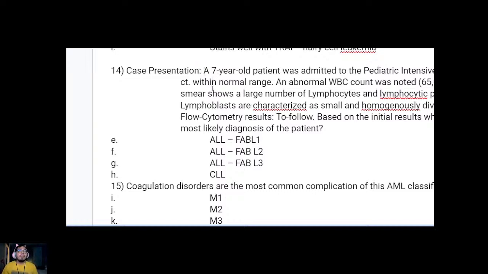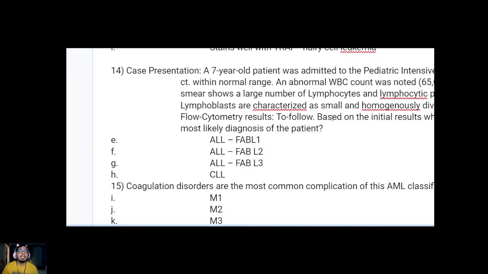A 7-year-old patient was admitted to the pediatric intensive care unit. Hemoglobin and RBC count are within the normal range. An abnormal WBC count was noted, 65,000 units per microliter. Blood smear shows large numbers of lymphocytes and lymphocytic precursors.